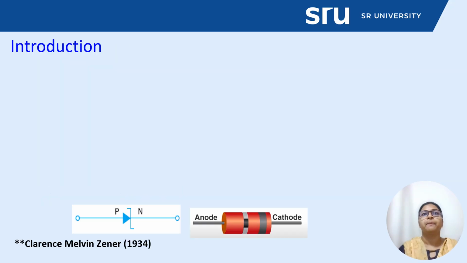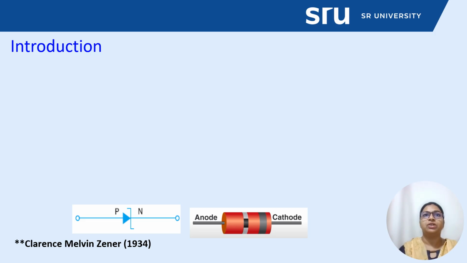So basically, Zener diode is a very special type of semiconductor diode that allows current to flow not only in the forward direction but also in the reverse direction, unlike a regular diode. In a regular diode, we generally get the majority of the current in the forward direction, and very little current flows in the reverse direction.